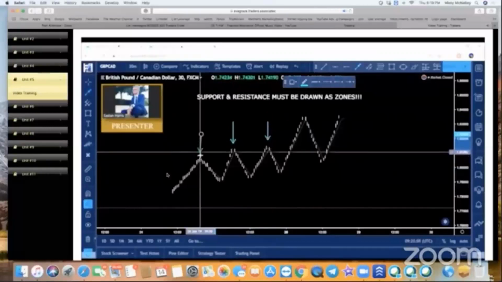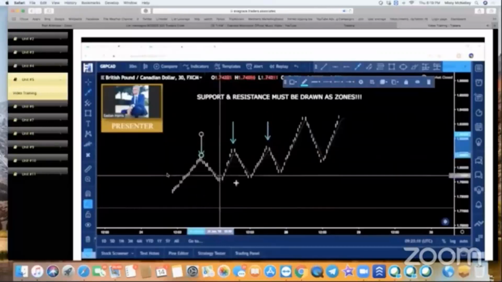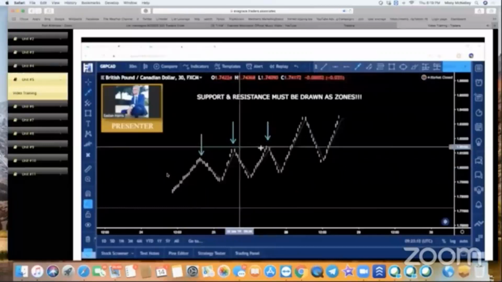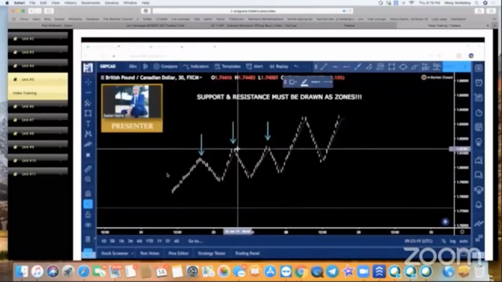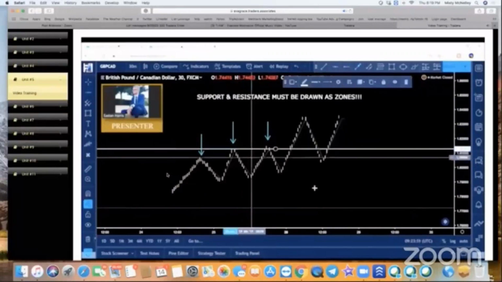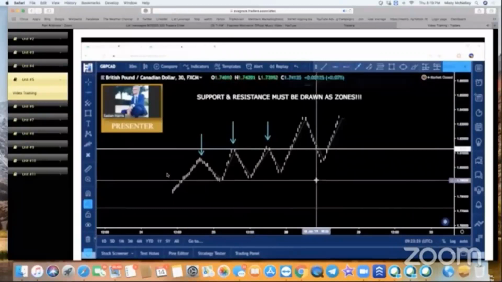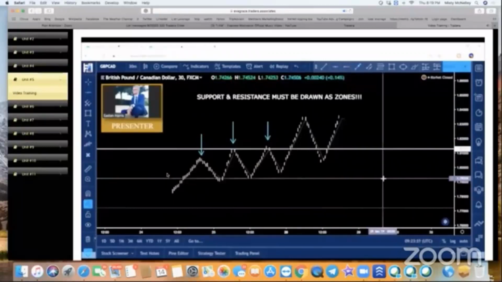We can tell by these reaction points that there's a resistance in this area.